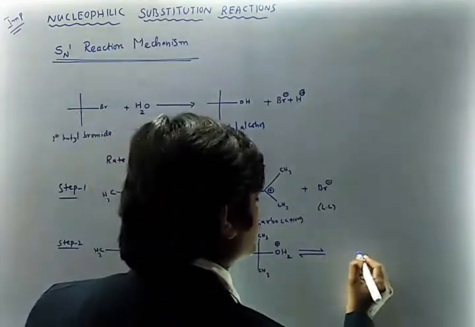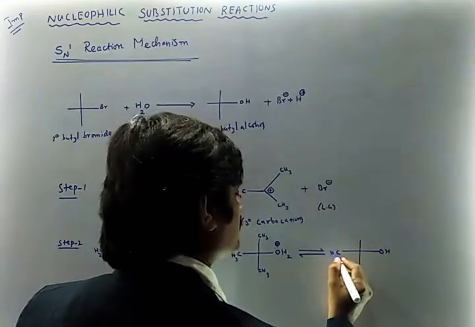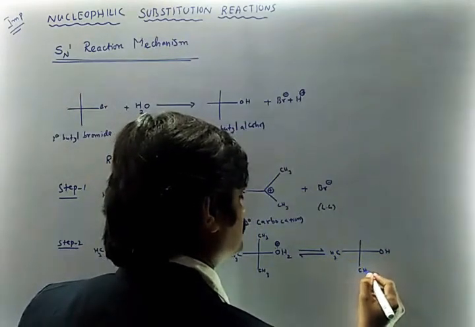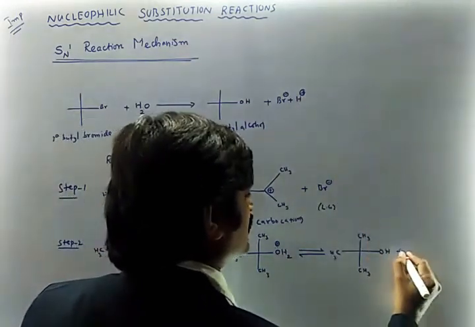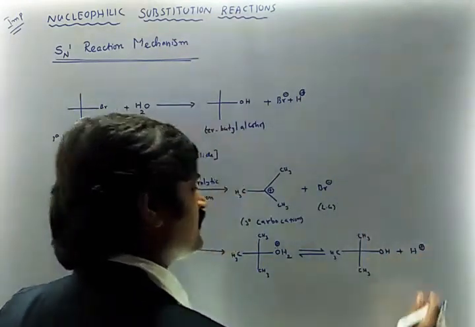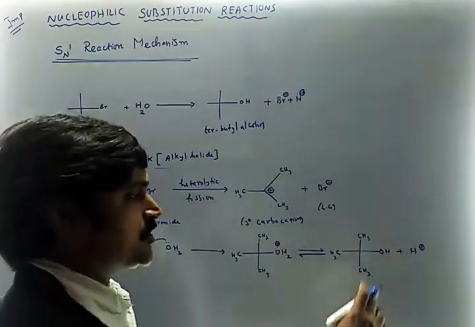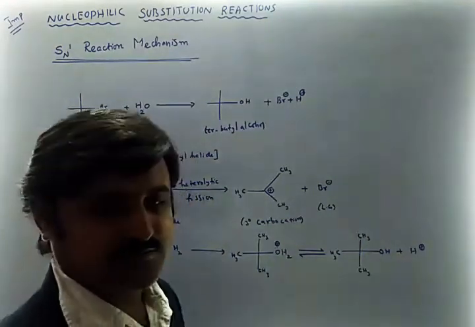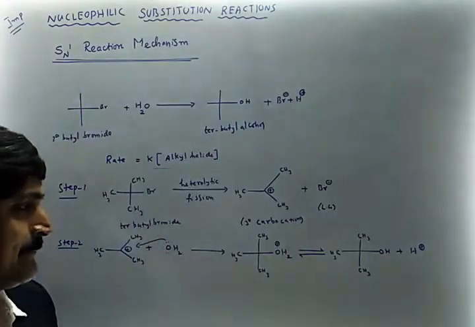What is the final product? Alcohol. So here CH3. Like we said earlier, H plus ion is removed. Here also the H plus ion got removed. This is the case in which oxygen has 2 pairs of electrons. So in the second step, what happened? The nucleophile reacts rapidly.